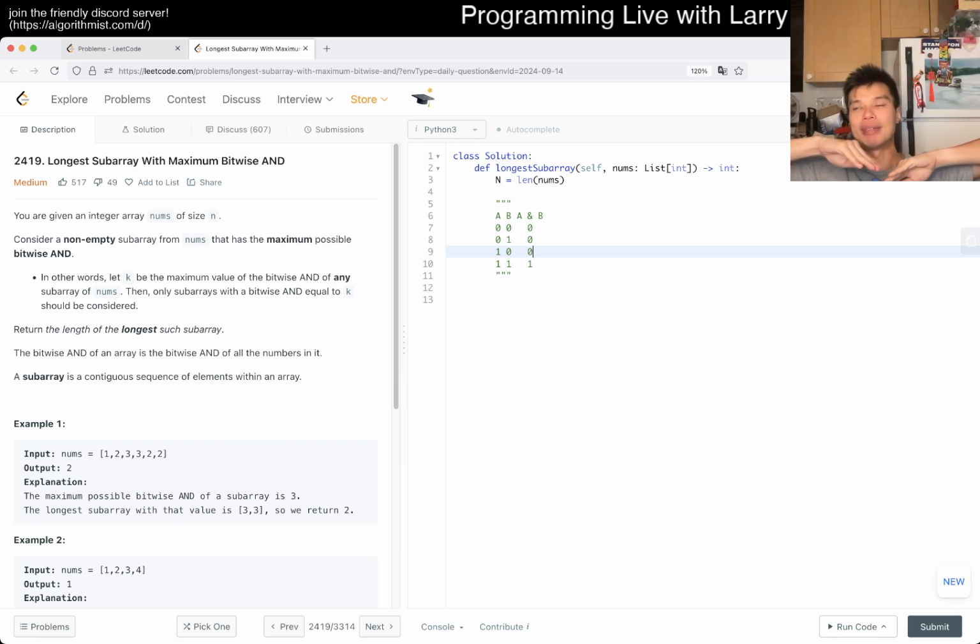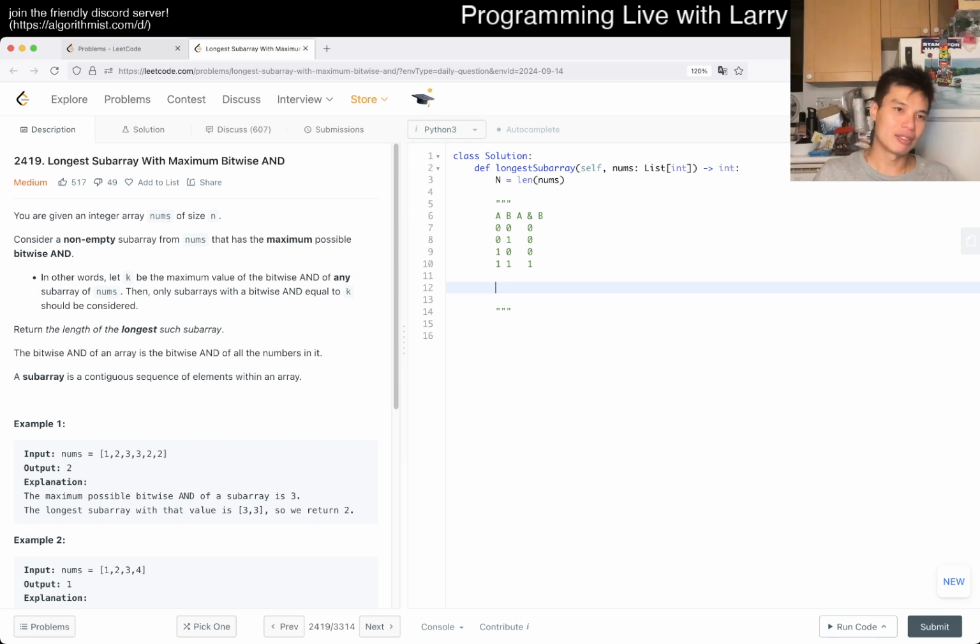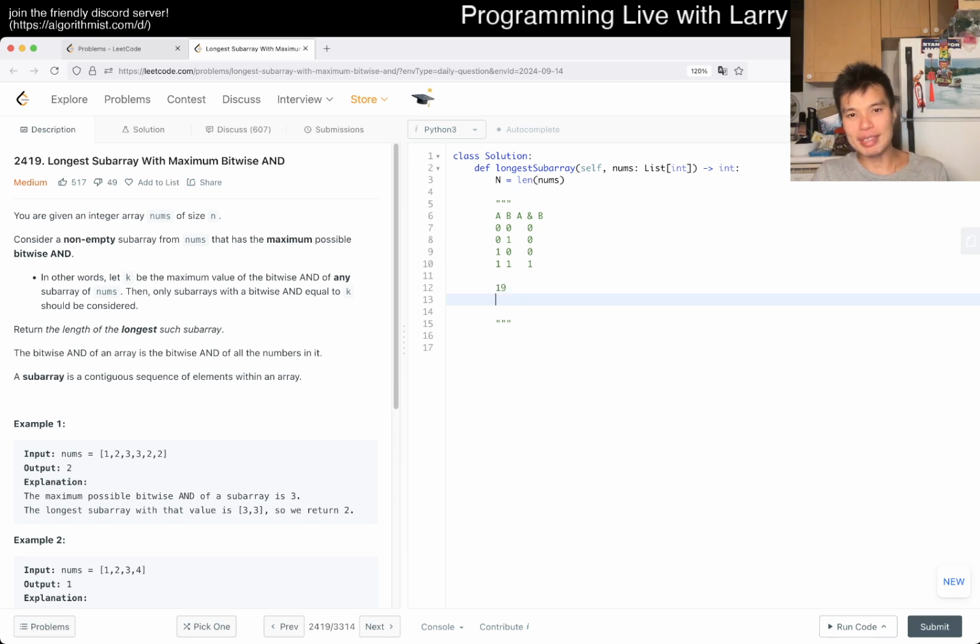But the thing is that for a bitwise operation, all the bits are done in parallel. For example, if you have, say, 19, which is just 16 plus 2 plus 1, these are the binary bits. I'm too lazy to count them out. But then you bitwise AND it with another number.